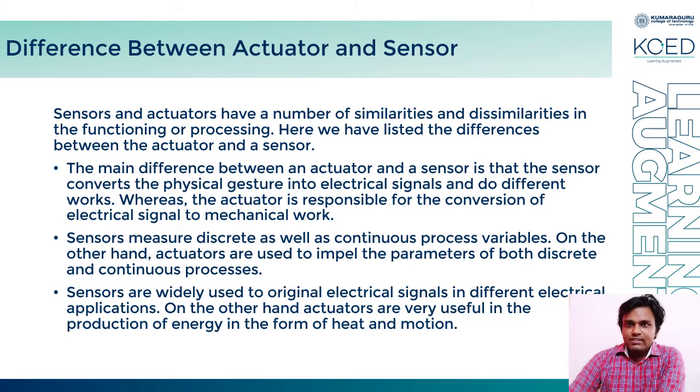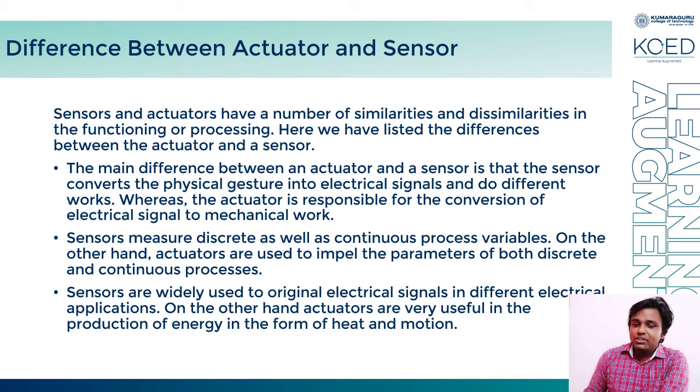Difference between sensors and actuators. Sensors and actuators have a number of similarities and dissimilarities in functioning and processing. Here we're going to mention certain things. The main difference is that the sensor converts a physical gesture into an electrical signal, whereas the actuator is responsible for conversion of the electrical signal into mechanical work.